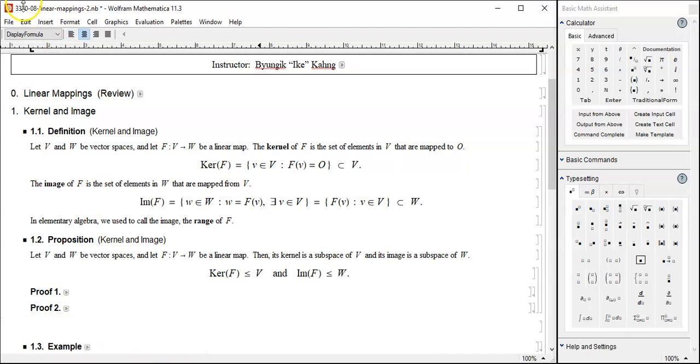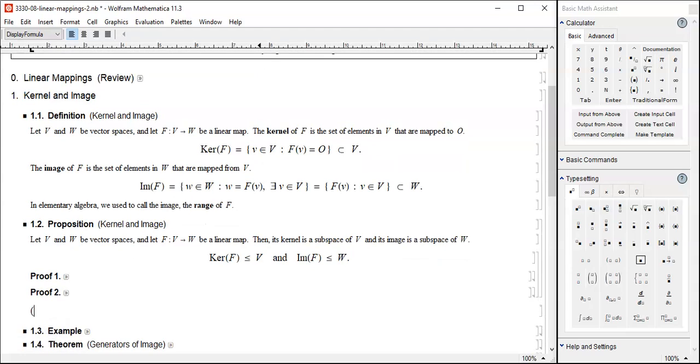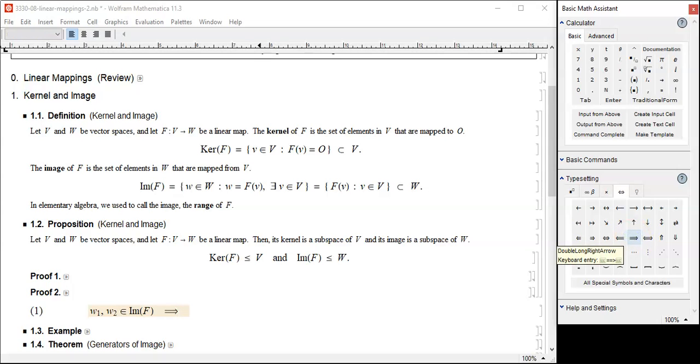We have to prove these three. So if w1 and w2 belong to the image, then w1 plus w2 belongs to the image, so closed under addition, that's something we have to prove.